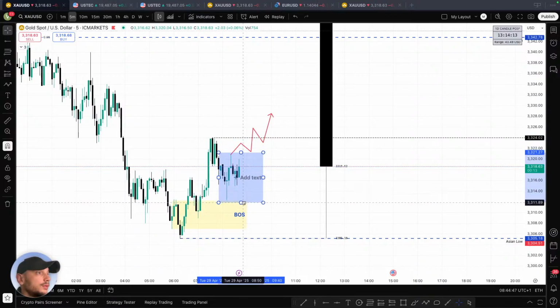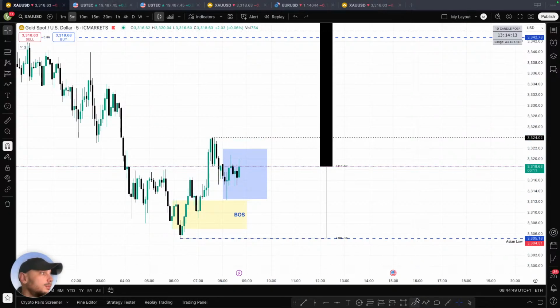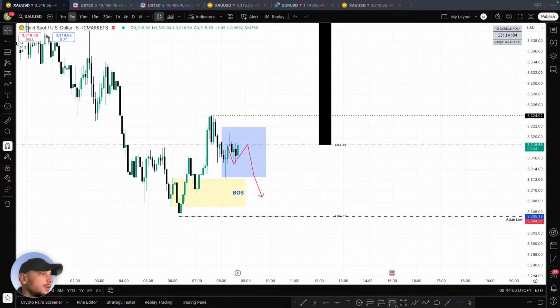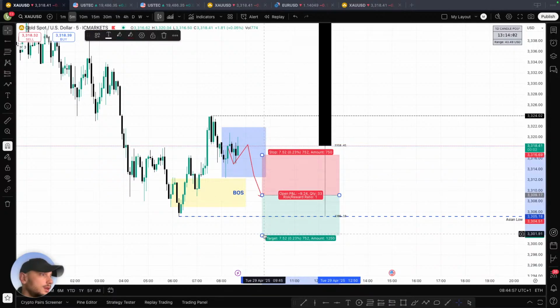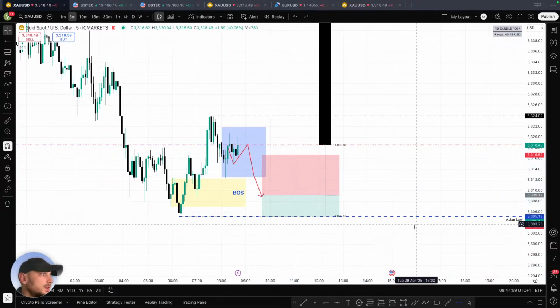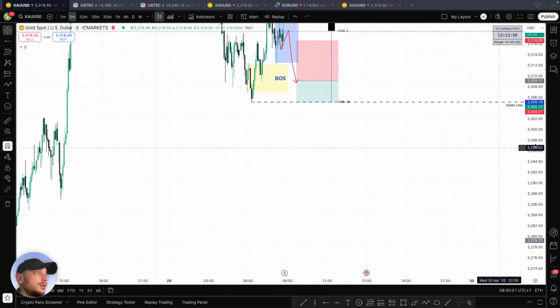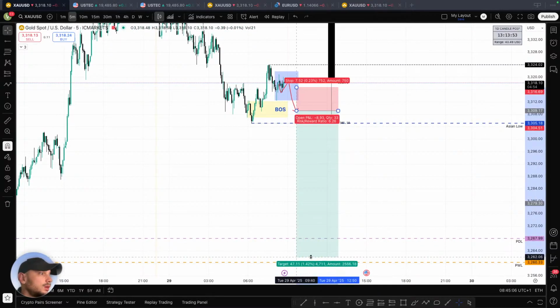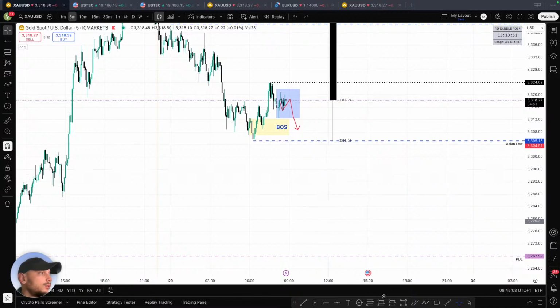And the opposite, if the 5 minutes break below, it breaks here, why would I enter here when my target will be the Asian lows? Yes, I have the previous day low, I have the previous weekly low, they're great targets, but I want to see first.